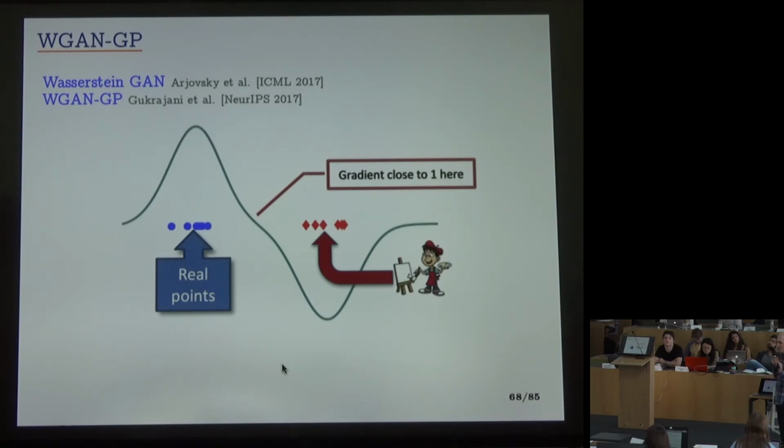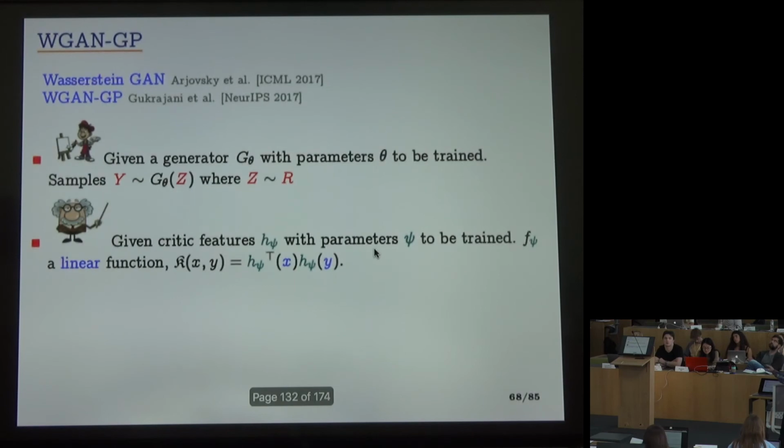What it does is shown on this cartoon here. It makes the gradient close to 1 at points somewhere between my real and fake points. So I take a real point, I take a fake point, I draw a line between them. Somewhere on that line, I make my witness gradient close to 1. I'll show you now in mathematics what that means. I've got my generator, generating samples from a noise source, so Y is the generator applied to Gaussian noise.